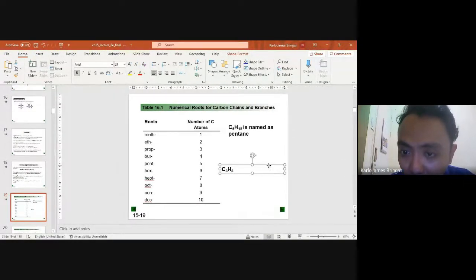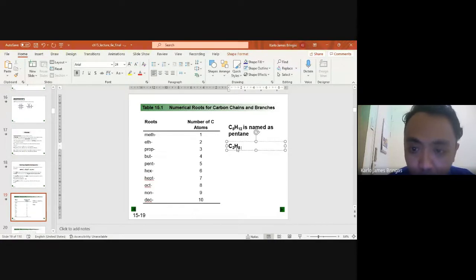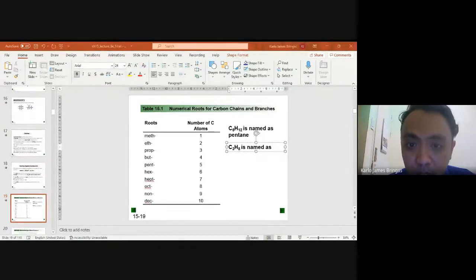Okay, so at this point, let me turn it over to you guys. Again, please refer to our table in here. This time, what I'd like you to do is, kindly name for me, ano ba ang name ng ating C3H8? Again, the format for the name is root and ang sumpay sa kanya is the suffix na ane.